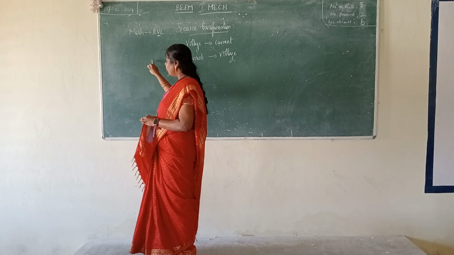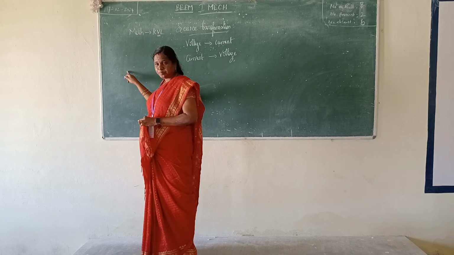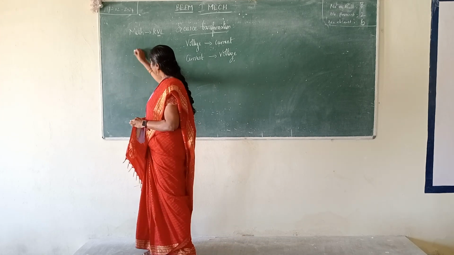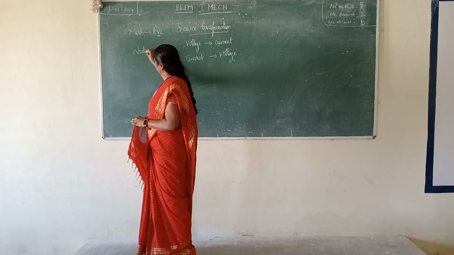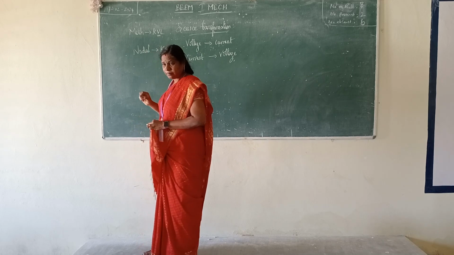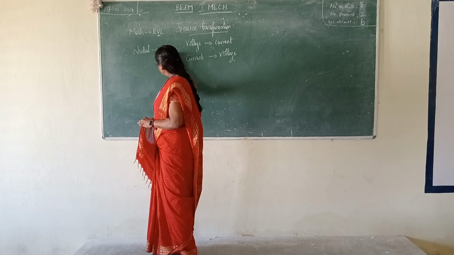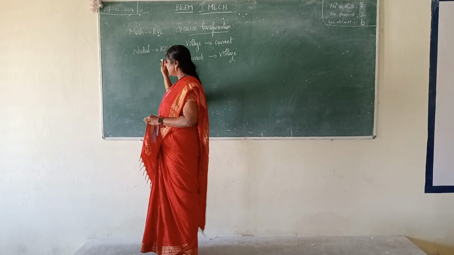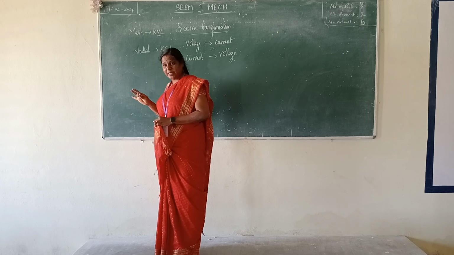Whenever you get a question, first check the sources, whether the given sources are all voltage sources. Suppose I am going to do nodal analysis, we will be applying KCL. For KCL, we want everything in the form of current. Suppose voltage is given, now we need to convert it into current.